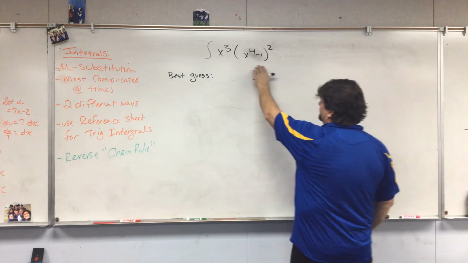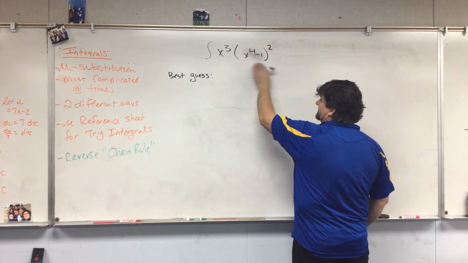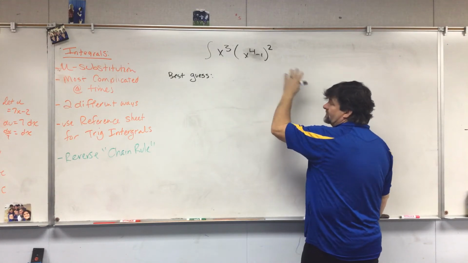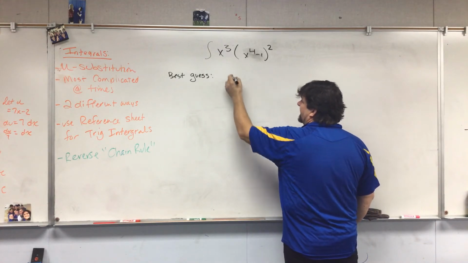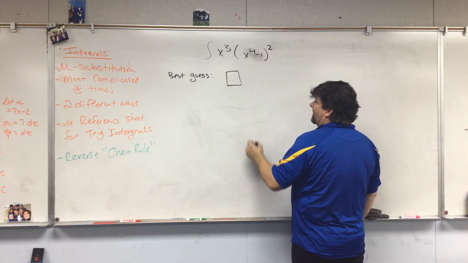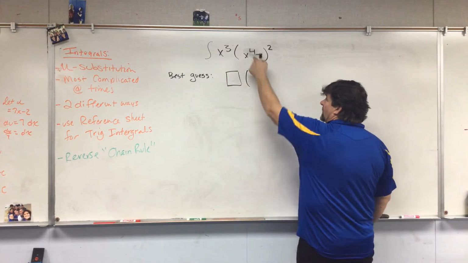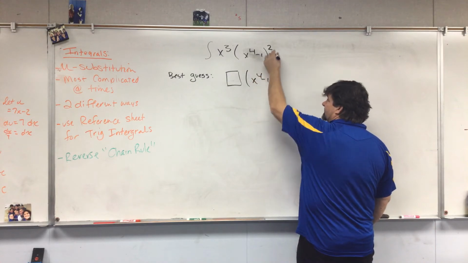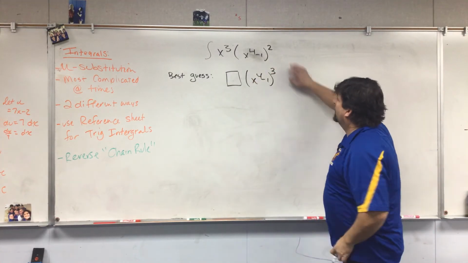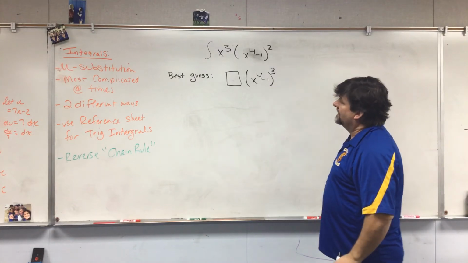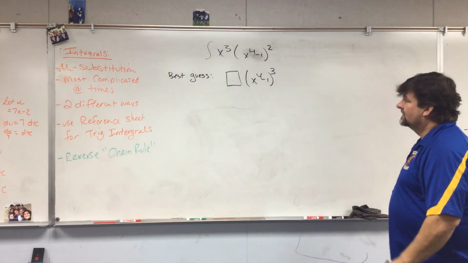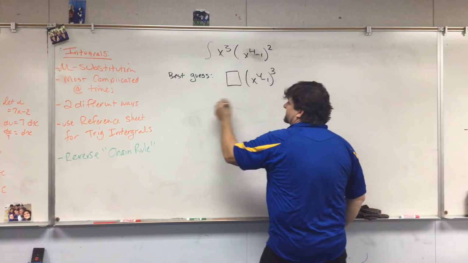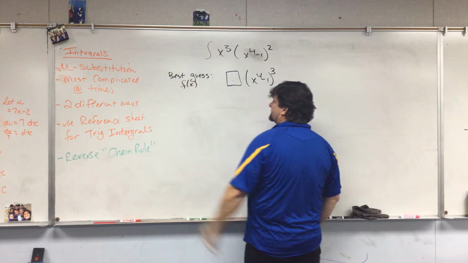Our best guess is the fact that we used the chain rule of this. We don't know where this came from yet, and can't work backwards from that because we're missing pieces. So our best guess is that there was something out front and we have this idea that it's x to the fourth minus 1 and it's 1 power higher, because remember, I would have to subtract off of this. That's our best guess when we're coming from this f of x. So this is our best guess of our f of x.